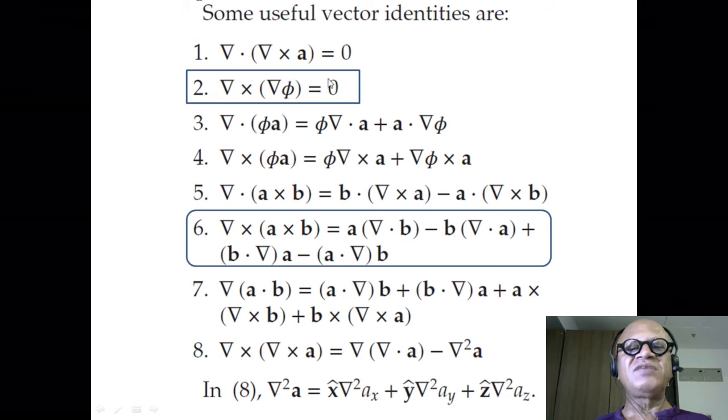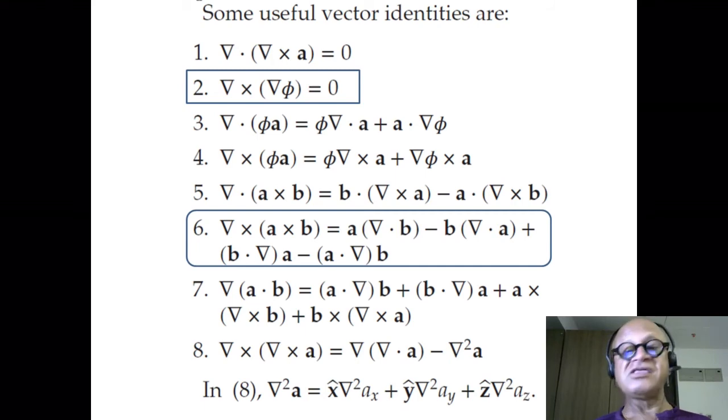Grad cross grad phi becomes 0 because grad cross grad of a scalar is 0, and we need grad cross (a cross b) equal to a (grad dot b) minus b (grad dot a) plus (b dot grad) a minus (a dot grad) b. That's kind of long, but if you remember, great, but you can derive it by going through the matrix, or you can always refer to it from this table.